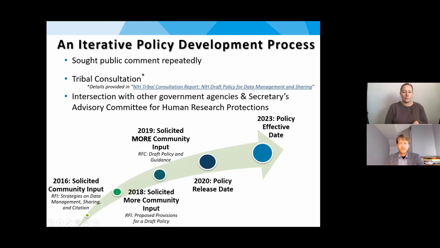And after careful consideration of the multiple rounds of public comments, the tribal consultation, and SACHRP's recommendations, NIH revised the draft policy as described in the preamble to the final policy. If you haven't read that, I do recommend it if you're interested in understanding what the differences from the draft to the final were and what the reasons were that we made those changes. And we published it in October 2020, almost exactly 1 year ago. The policy will take effect for new and competing awards on January 25th, 2023.